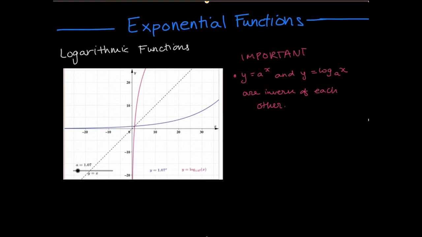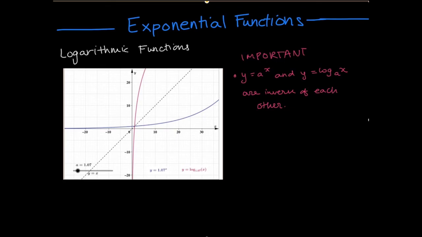But basically, we know that the inverse function is a function that reverses another one. So if the function f is applied to an input x and gives a result of y, then applying its inverse function g to y gives a result x. So basically the domain and range of the two functions switch. And that's what's happening between exponential and logarithmic functions.